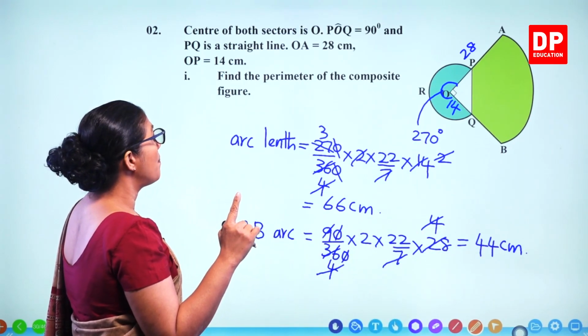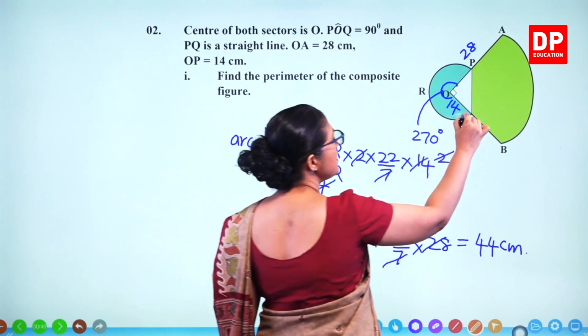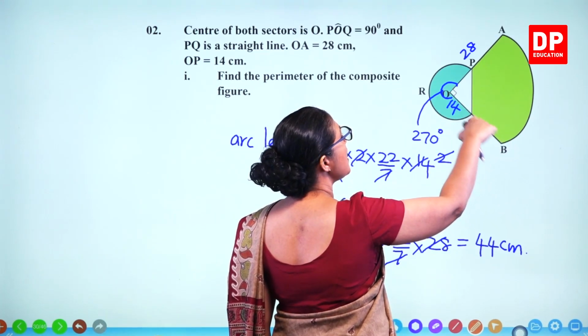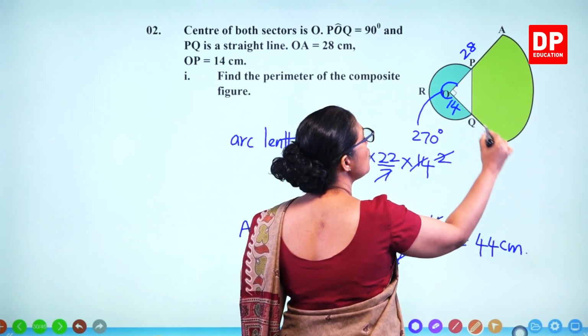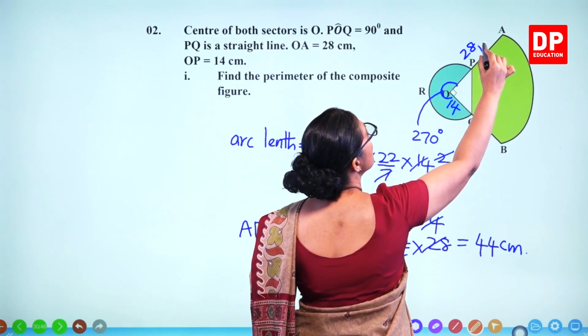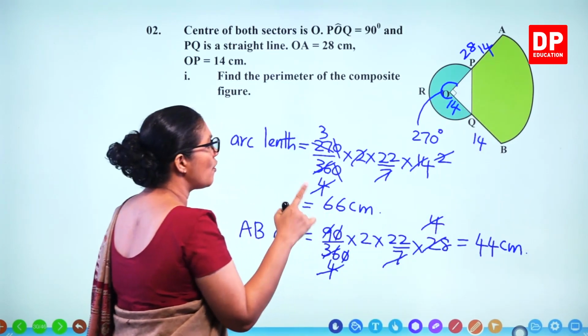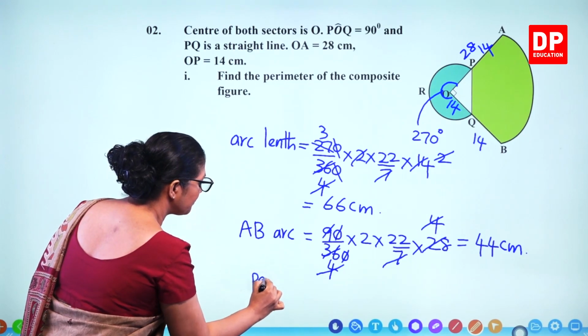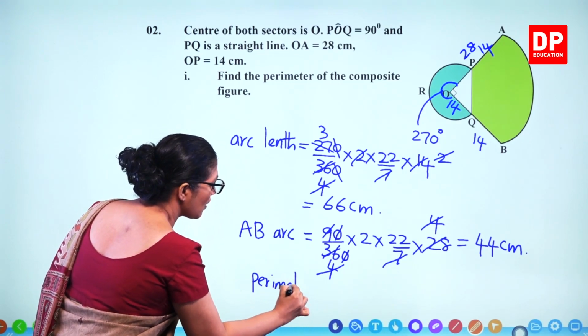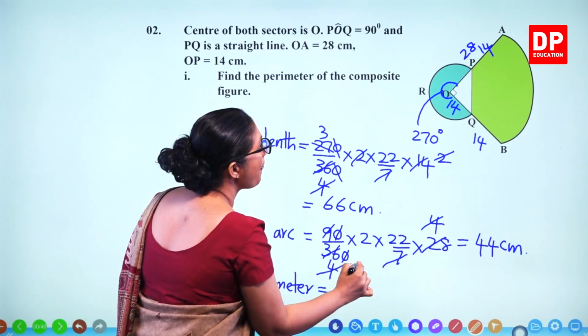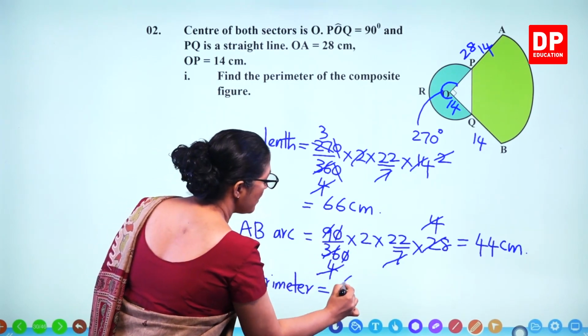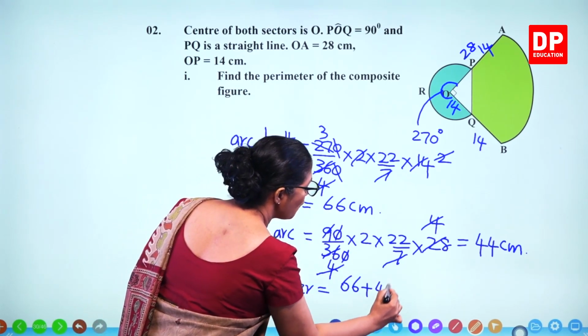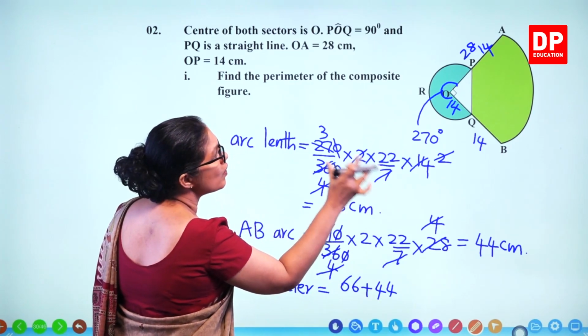Now, what is the perimeter? We have to find out this length. This whole thing is 28 minus 14, so this is also 14. Now we can find the perimeter. Perimeter becomes the arc length here 66, this is 44, and you have to add 14 and 14.